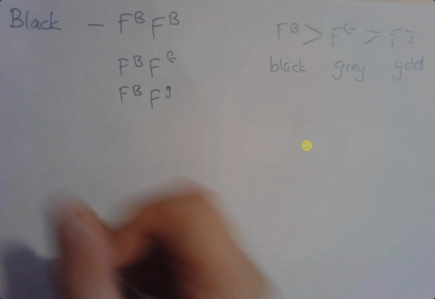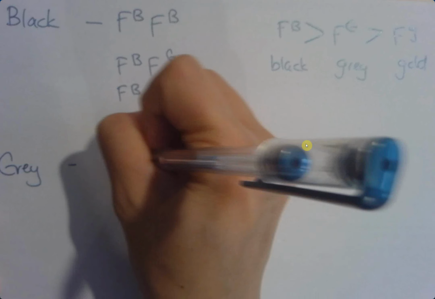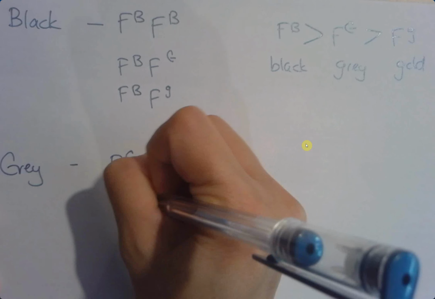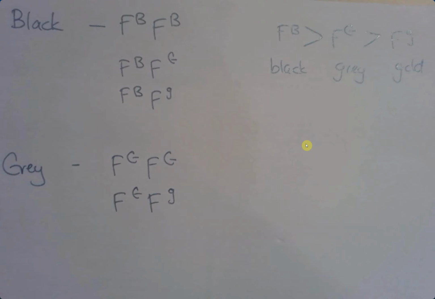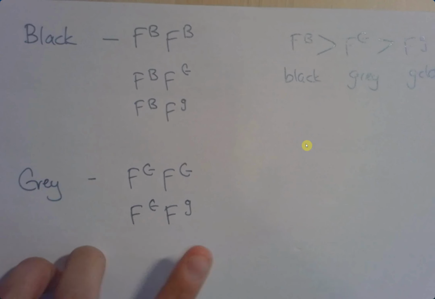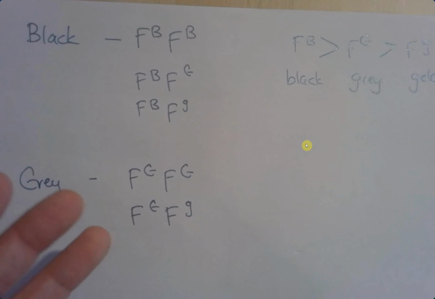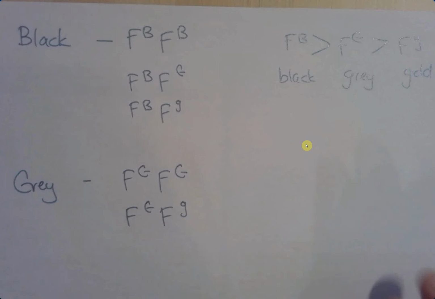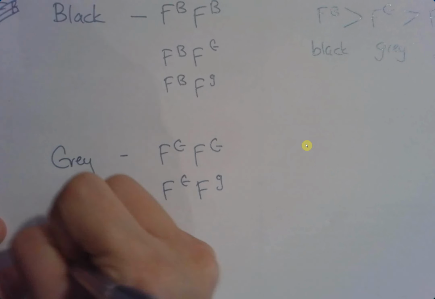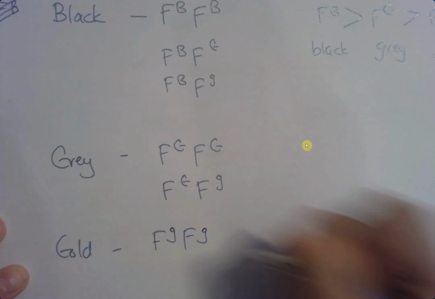Options for gray: I have 2 capital G's, or I have a capital G and a lowercase g. That one will also result in gray because remember that this one's dominant to that one. I can't have any of these gray ones with the black alleles because if I had that, then I would have black as my color. All right, last one is gold, and the only way I can have gold is if I have 2 of those recessive alleles.